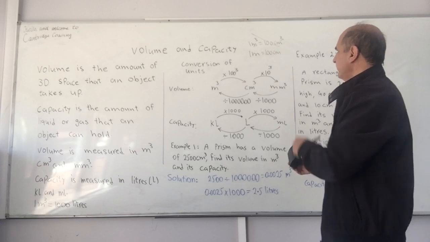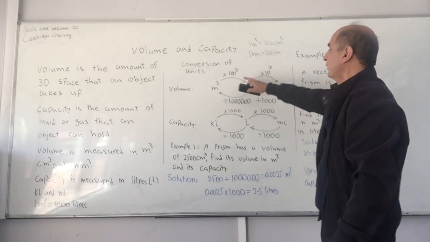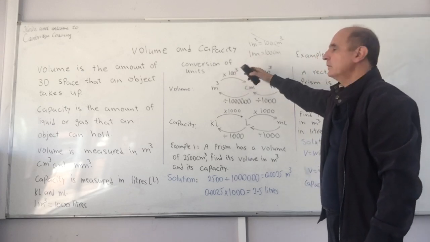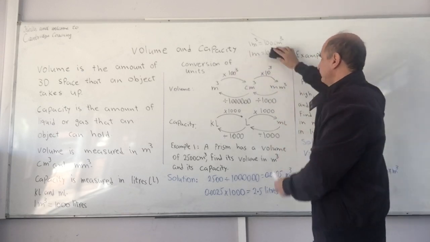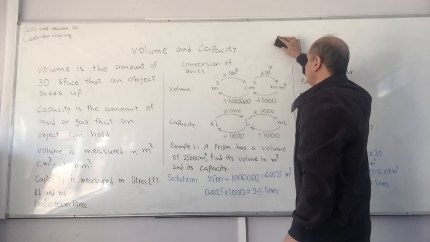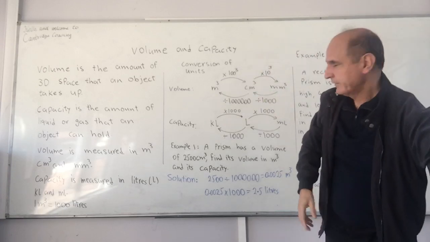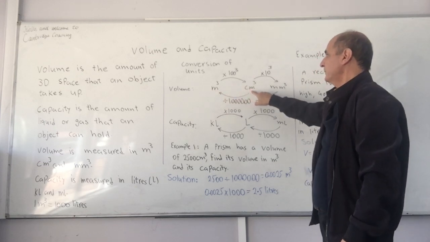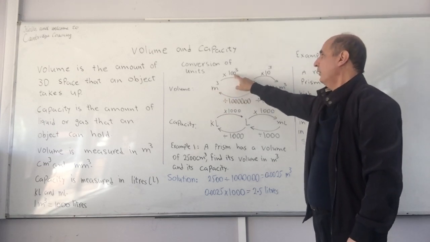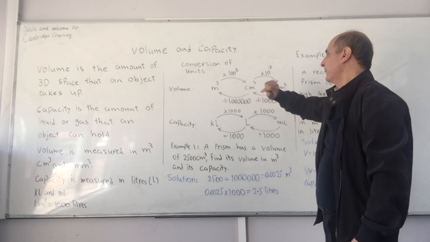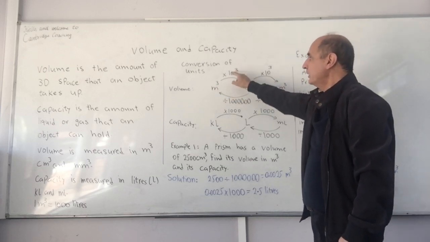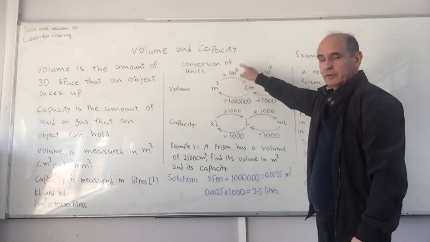So then how do you go? You got to use 100, but 100 cubed. 100 cubed means a million. That's why when you're going from cubic meter to cubic centimeter, times it by 100 to the power of 3. If you're going backwards, this time divide by 100 to the power of 3.